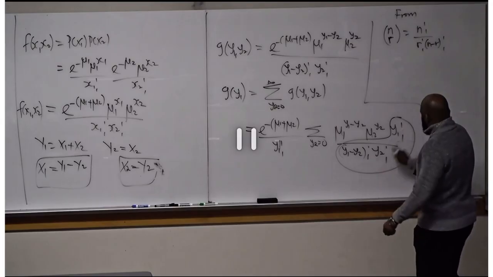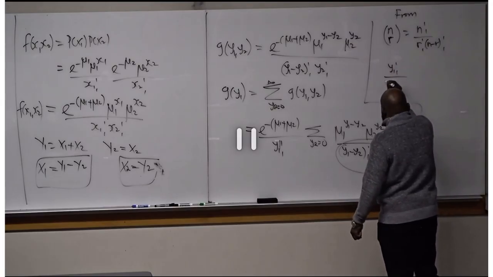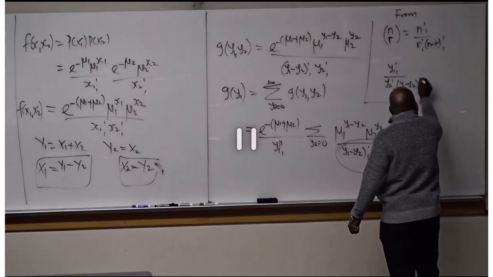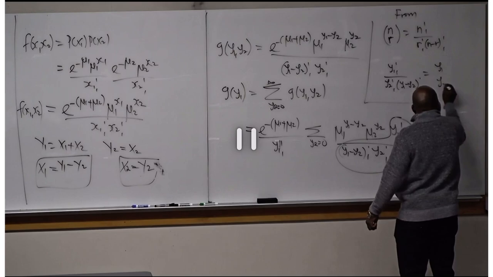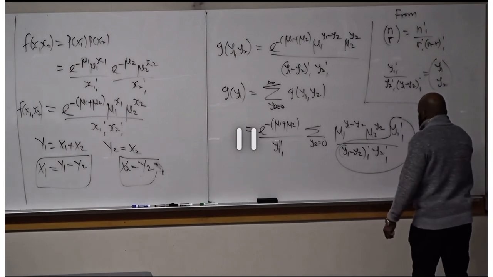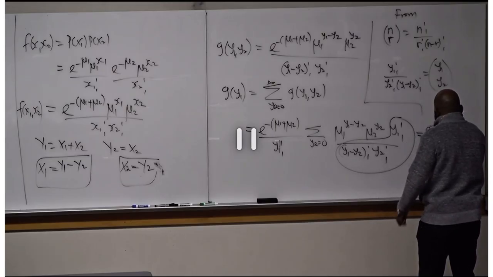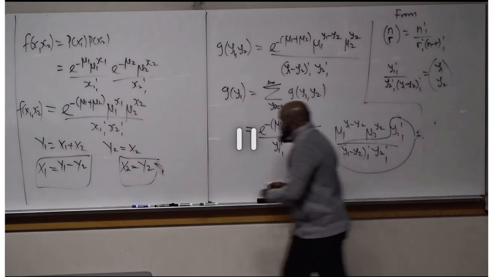I can say that y1 factorial divided by y2 factorial times (y1 minus y2) factorial is written as y1 combination y2. So if I want to write this now, let me write it here so that you can see very well.